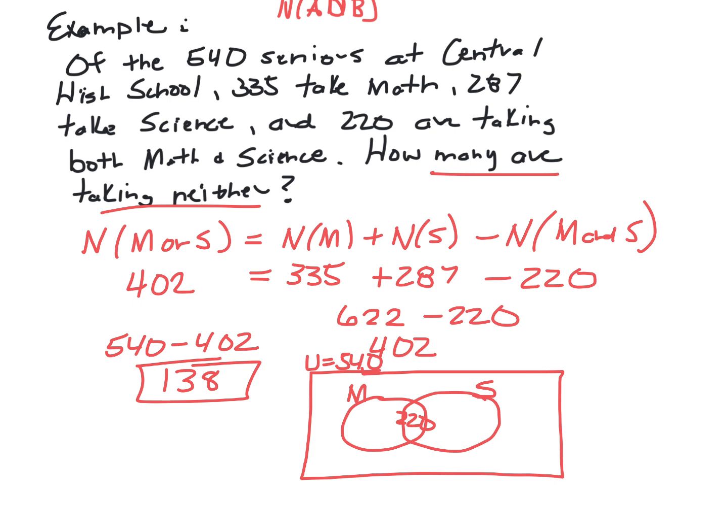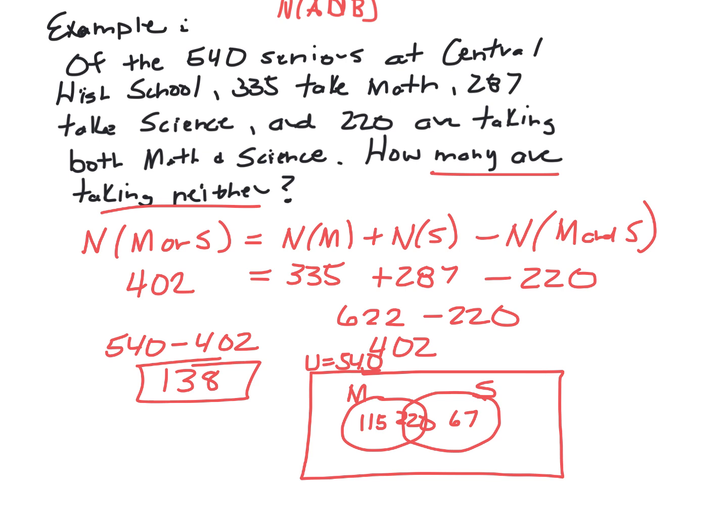Since there's 335 taking math, in this area there'd be 115. That's the 335 minus the 220. And in this section, taking only science and not math would be the 287 minus the 220, which would be 67.